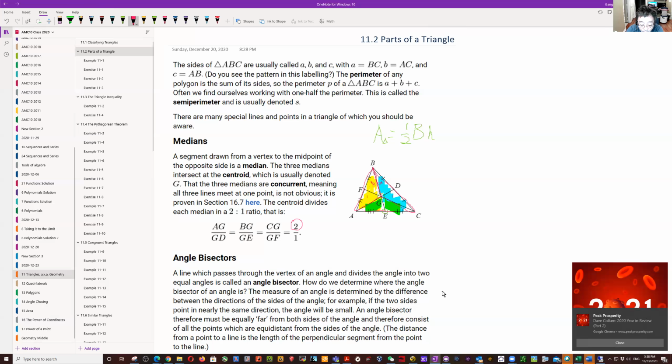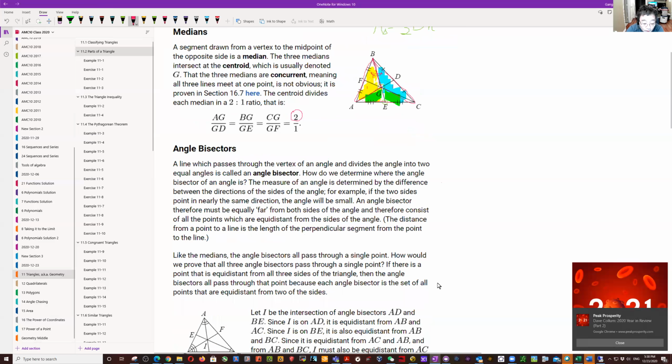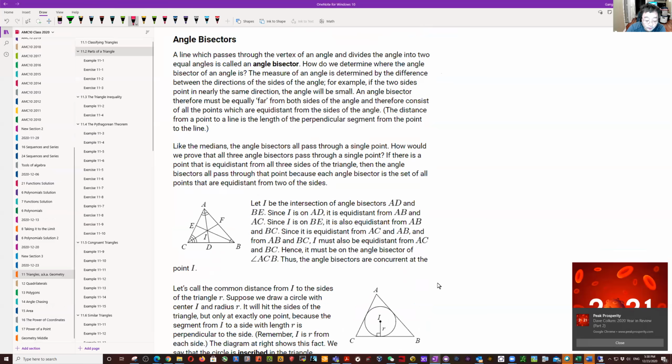And then we have the angle bisector. The angle bisector is a very important concept. The angle bisectors will intersect each other. So this angle is the same, this angle is the same, this angle is the same.